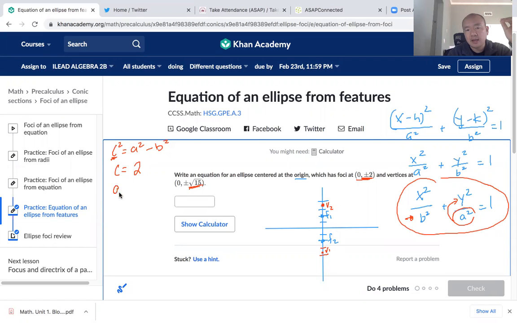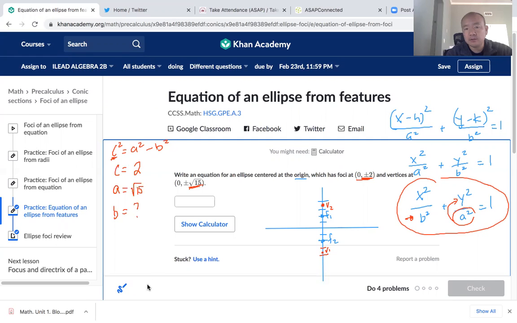The a is the distance from the center to one of the major vertices. In this case, we know that it's radical 15. And then b is the distance from the center to the co-vertices. The co-vertices are the vertices on the minor axis, and that's what we don't know yet.